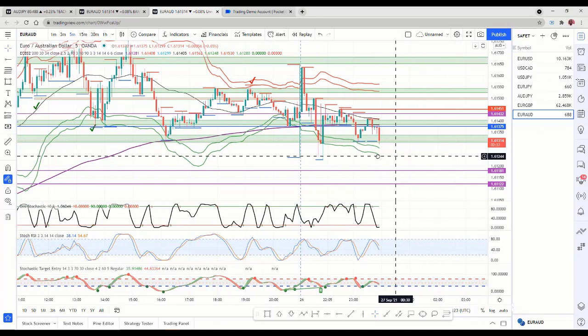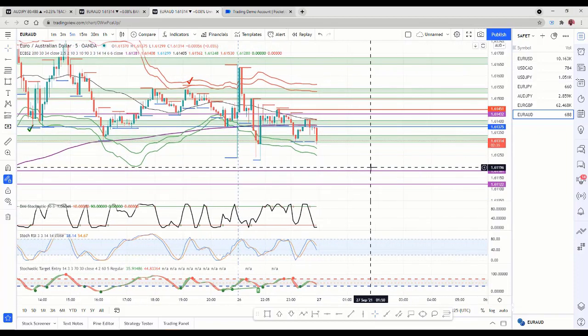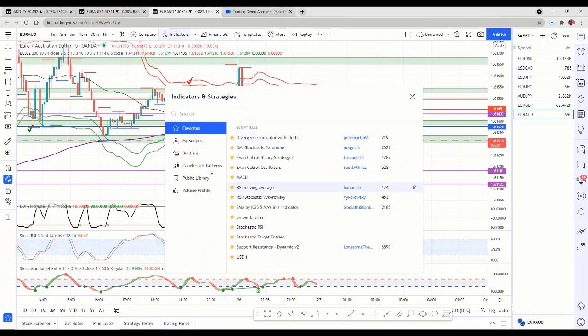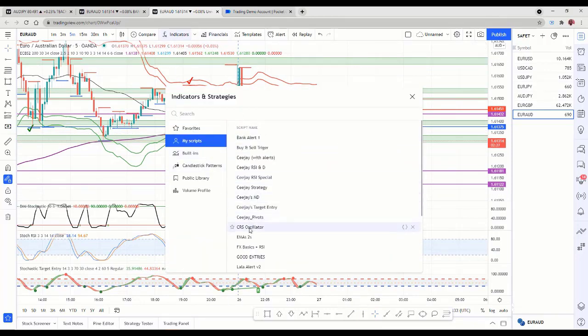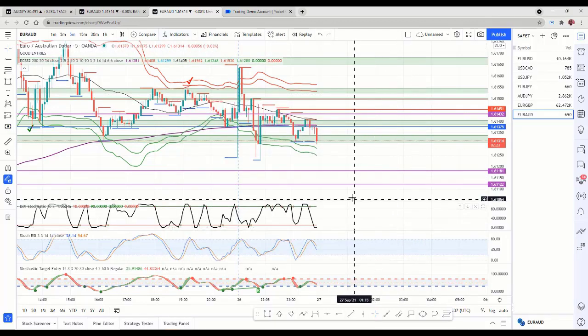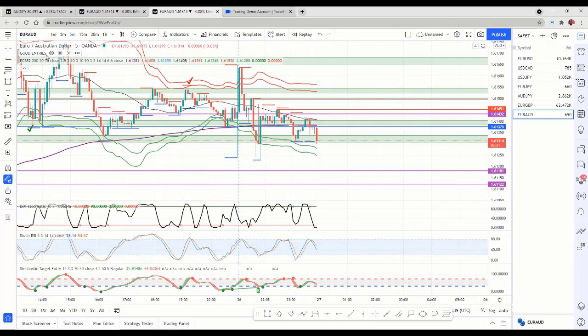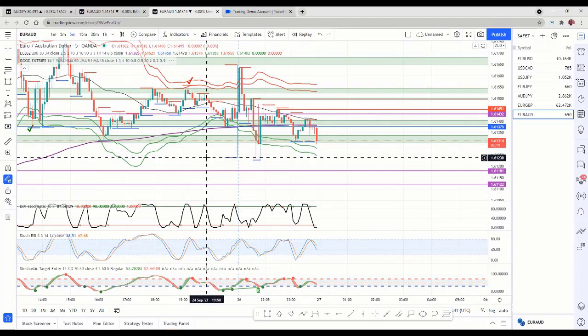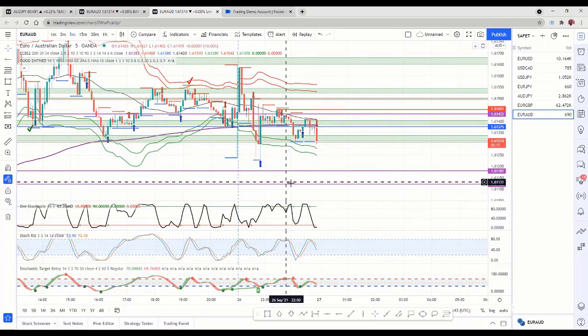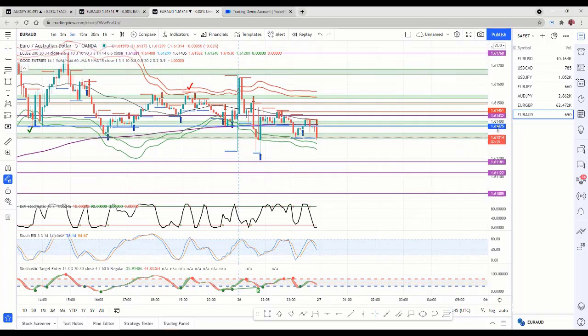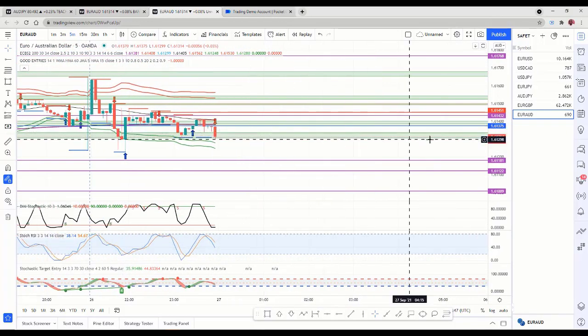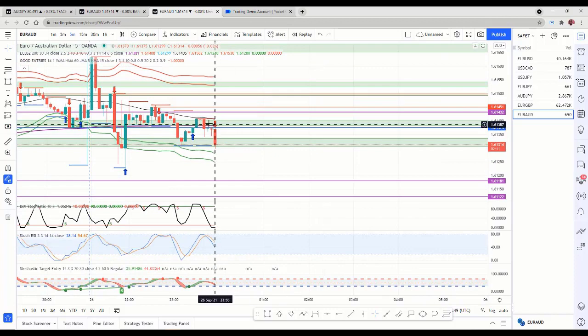Now, at this point, what is going to be happening? I get a good entry. Okay, that one's loading. Oh, it's telling me that it's selling.